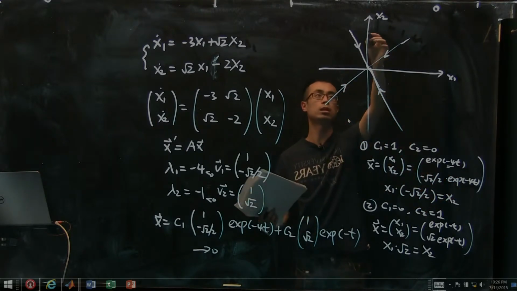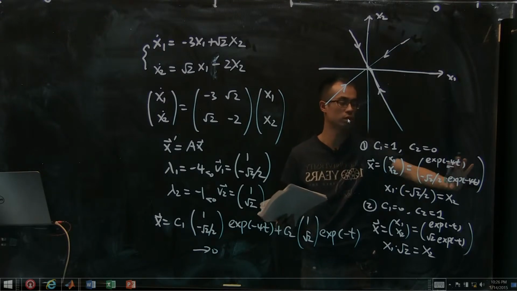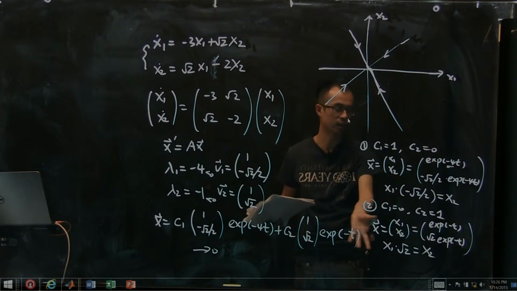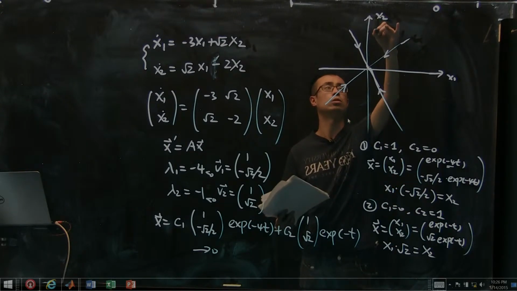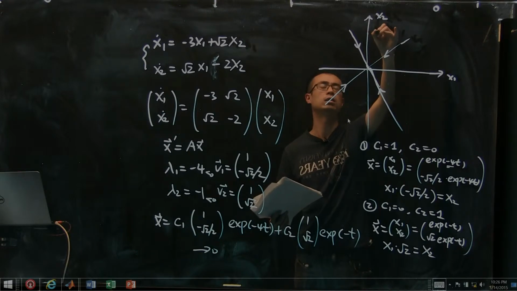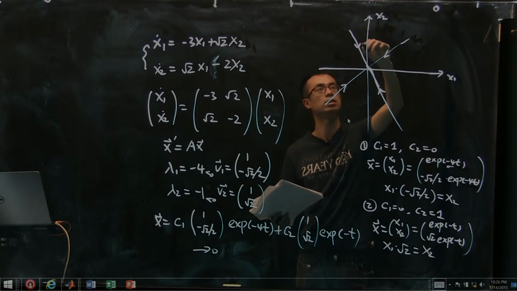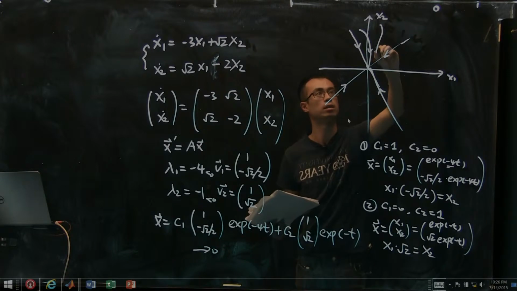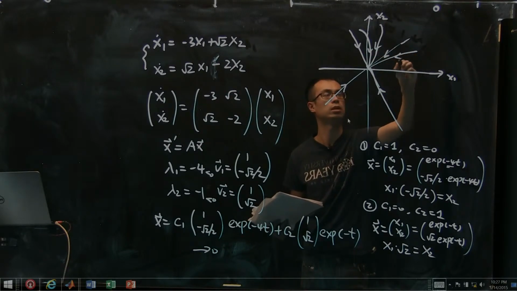So basically, this term decays to 0 very fast, and this term will dominate right here. So later on, maybe it will be more dominated by this direction. Hopefully this is right.